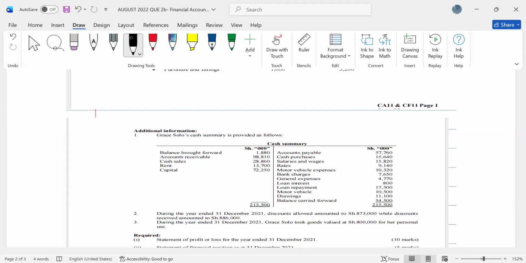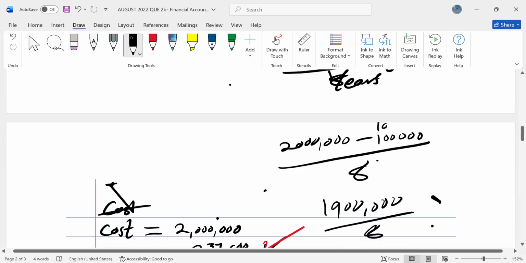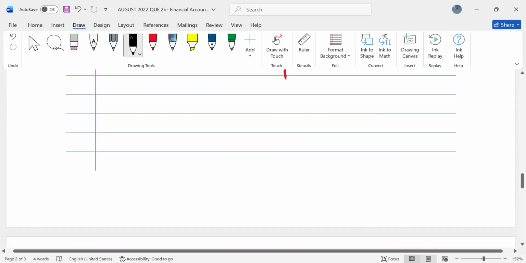They're simply telling us that when this cashier opened the book, or when he was starting the day, he had 1,880. Then those who owed the company paid 98,810. So in this case, we are going to credit our receivables account.